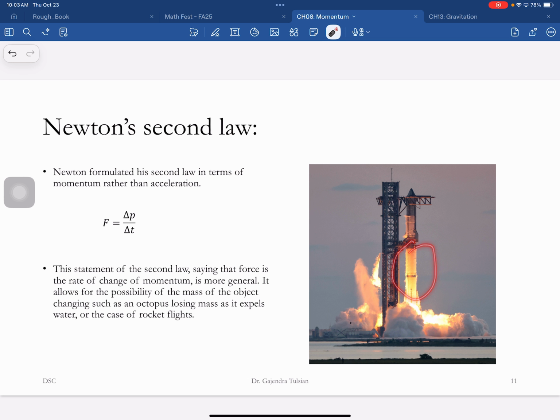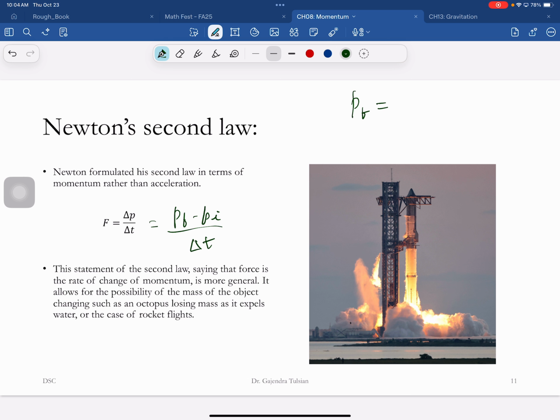Here's a rocket. The rocket works on the principle that the external force acting on it is 0. This is 0, and so momentum is conserved, meaning final momentum is equal to initial momentum. So if this is 0, the numerator has to be 0.